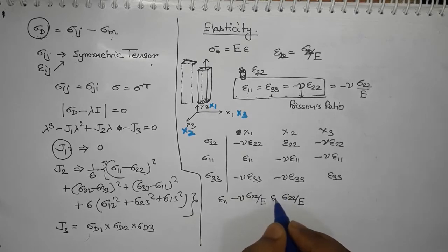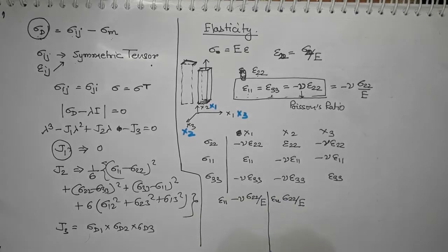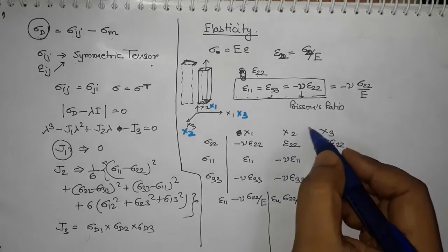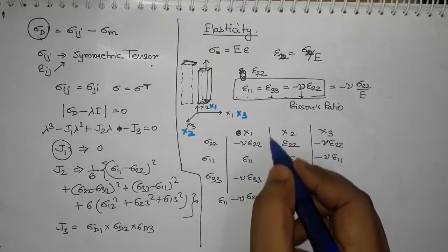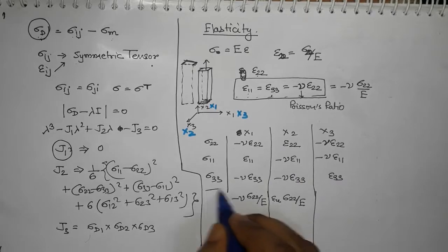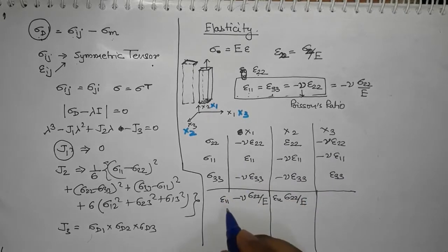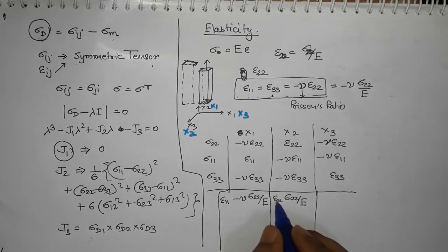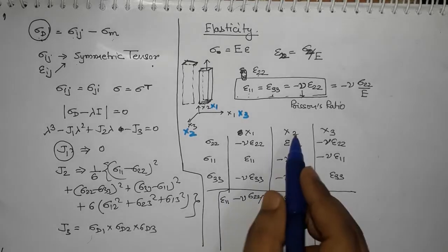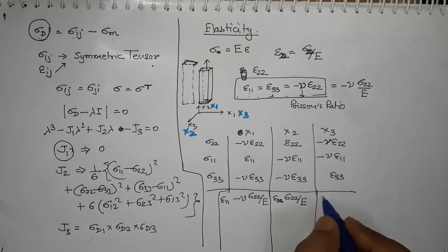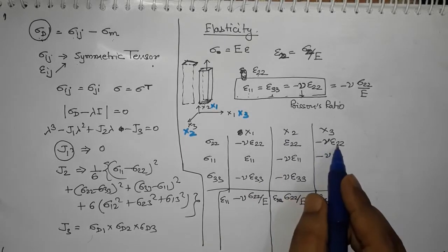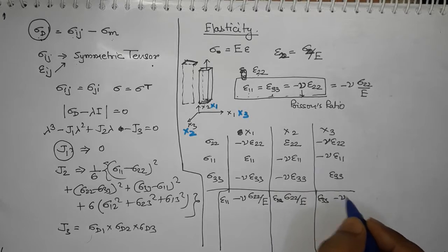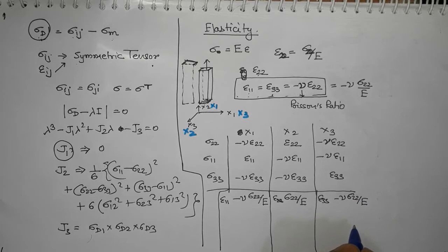This is actually epsilon 2 2. Whenever we write in the x2 direction, it is epsilon 2 2, and this is epsilon 3 3 equals minus mu into epsilon 2 2, which will be minus mu into sigma 2 2 by E, right?